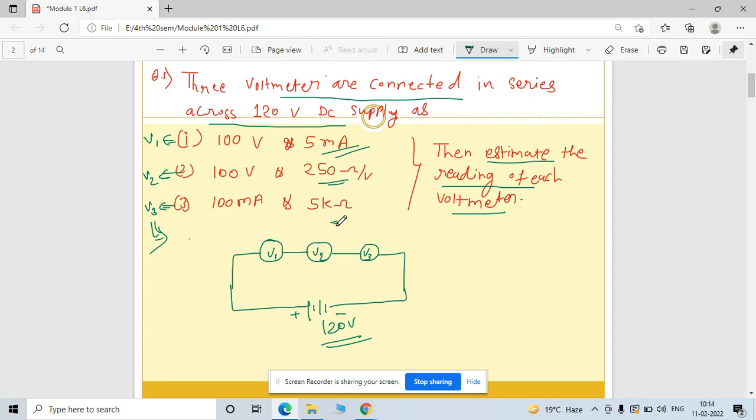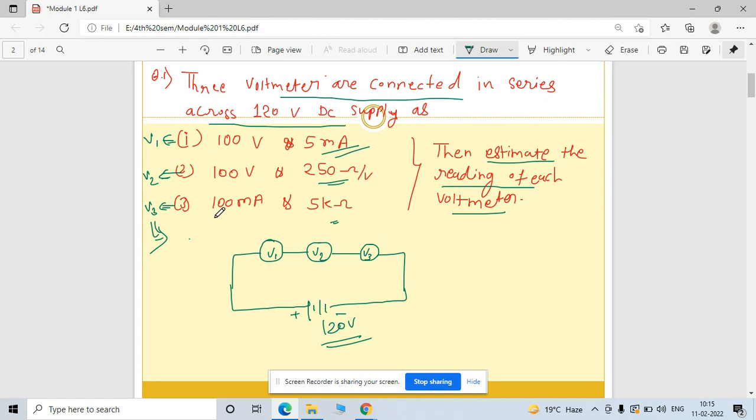Okay, so either you can replace each voltmeter with its internal resistance and find the total current flowing in that circuit, and by this way you can find out the voltages.